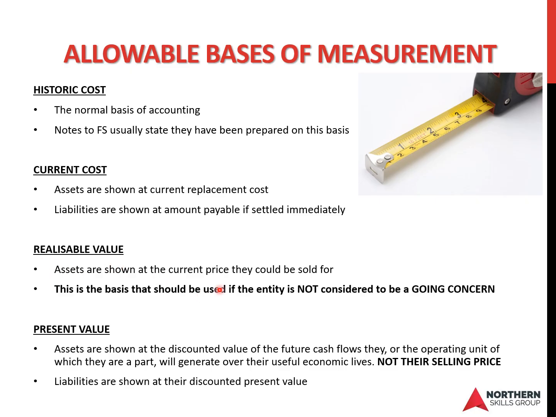Realizable value is where they could be sold for the value that they could be sold for. Present value is the discounted value of future cash flows. That assumes the business is going to keep the assets and continue using them. So the present value of those future cash flows is what's used there, not the selling price. That's the one that's most easily confused.